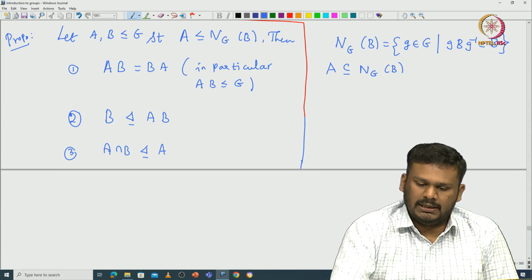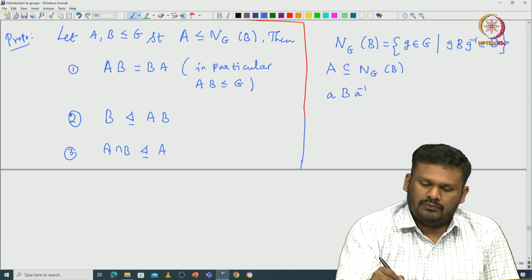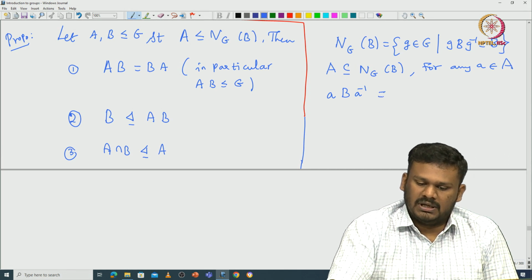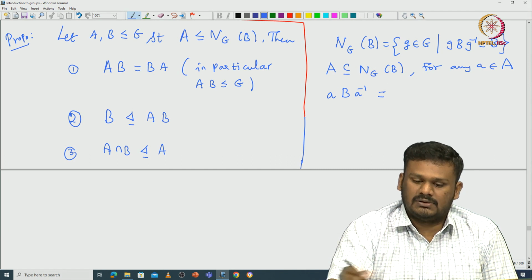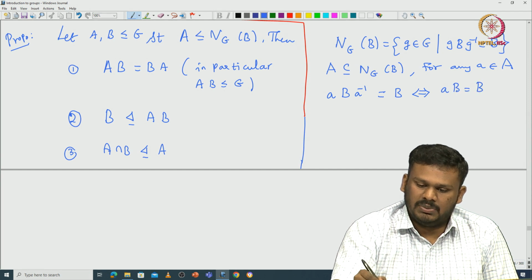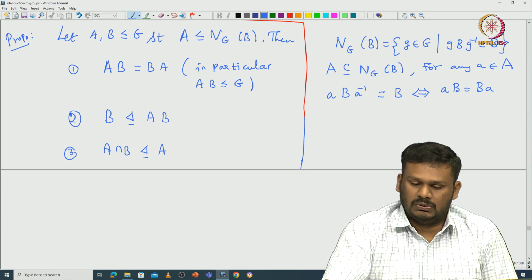In particular, if I take some element a B a inverse, for any small a in capital A, because a is an element of the normalizer, aBa inverse will be exactly equal to B. What does that mean? That means aB is the same as Ba. So the left coset is the same as the right coset corresponding to this a.